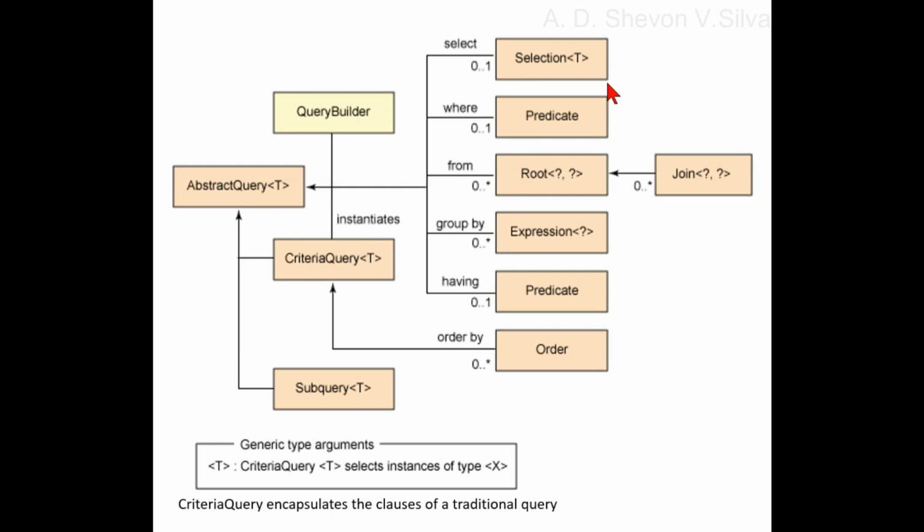Interface Selection<X>, where X is the type parameter, the type of the selection item. The Selection interface defines an item that is to be returned in a query result.